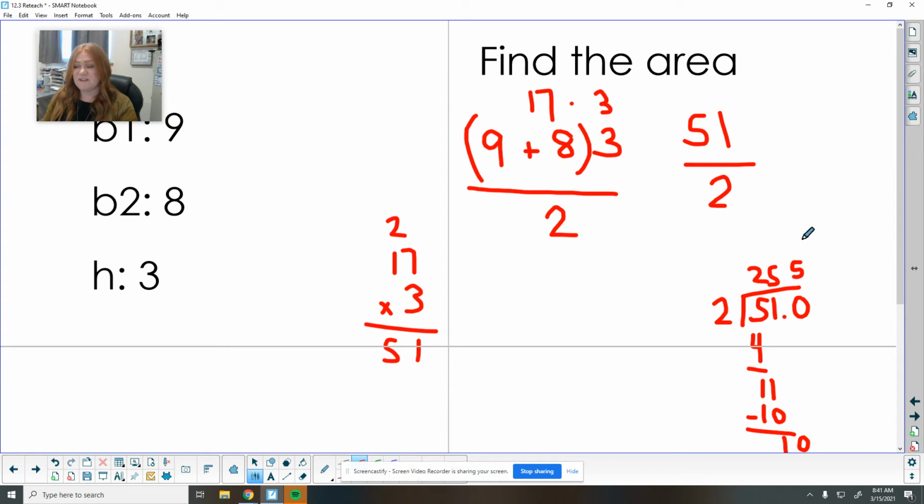Now it's not 255. Don't forget to bring this decimal up. So this has an area of 25.5 units squared.